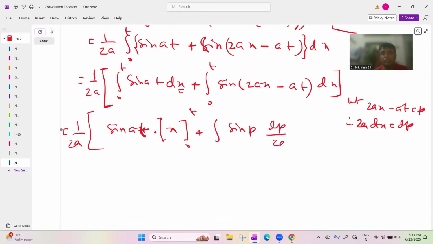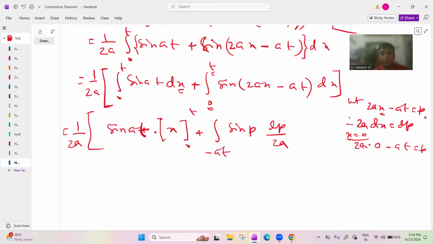Now we have to put the range. This is the range of x. If x is equal to 0, then p is equal to minus at. Putting x equal to 0, 2a into 0 minus at equal to p, so p equal to minus at.